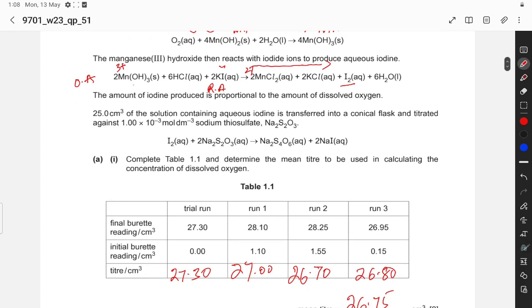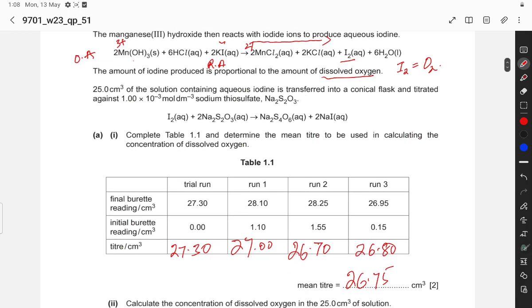The amount of iodine produced is proportional to the amount of dissolved oxygen. So iodine is directly proportional to the dissolved oxygen. 25 cm³ of the solution containing aqueous iodine is transferred into a conical flask and titrated against 1 × 10^-3 mol per dm³ sodium thiosulfate.